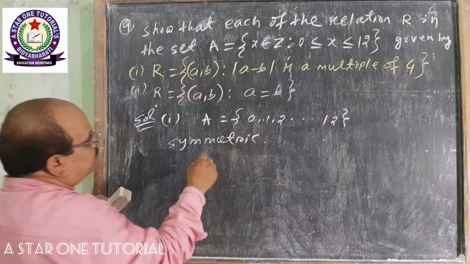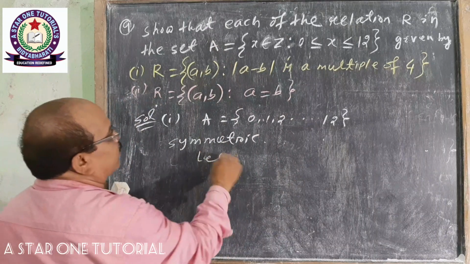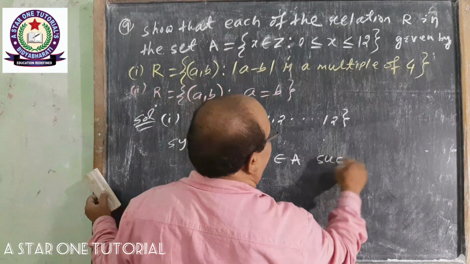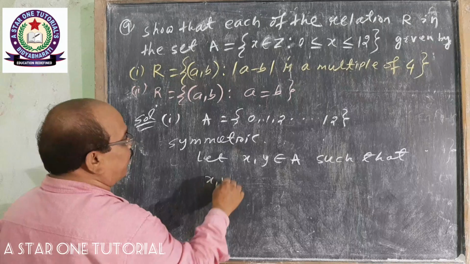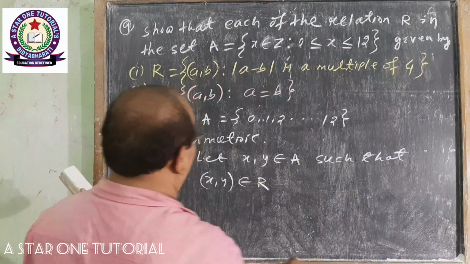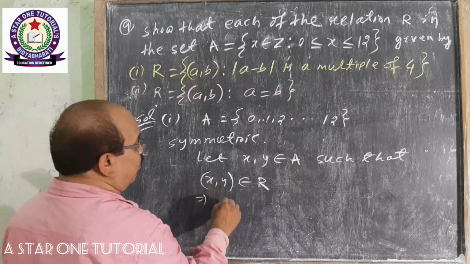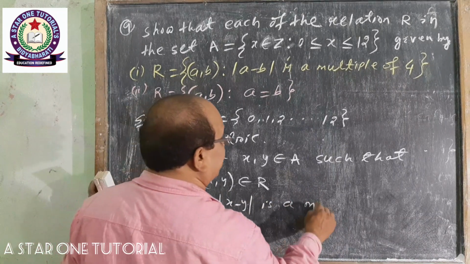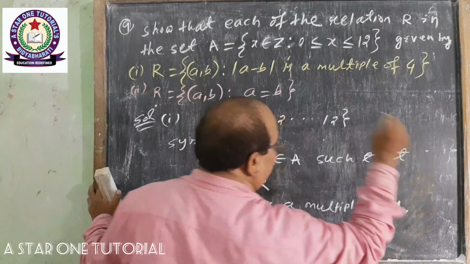For symmetric, we have to choose two arbitrary elements of the set A. Let x, y belong to the set A such that the ordered pair (x, y) belongs to R. It means that modulus of x minus y is a multiple of 4.